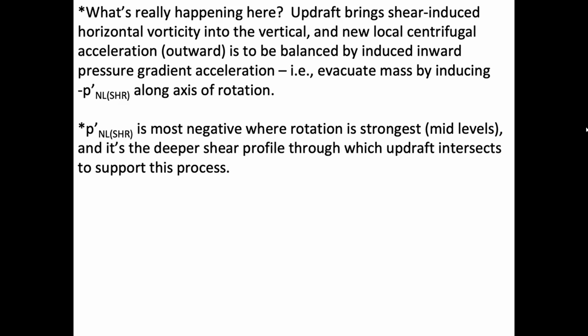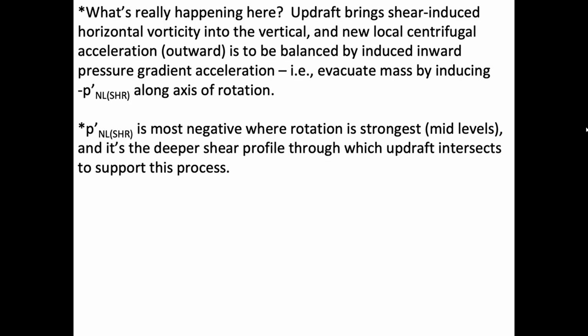Again, what's really going on here is that the updraft is bringing that shear-induced horizontal vorticity into the vertical. Effectively, that updraft is manifesting the horizontal vorticity from the vertical shear, creating an outward-directed local centrifugal acceleration away from the axis of rotation that needs to be balanced by an induced inward-directed perturbation pressure gradient force, an acceleration that will effectively result in the evacuation of mass by inducing a perturbation pressure deficit along the axis of rotation.